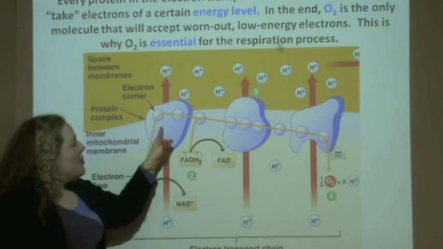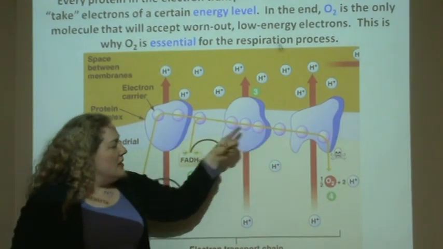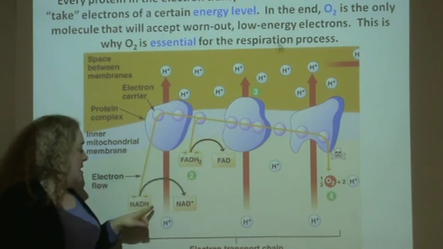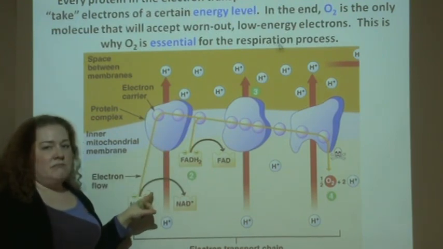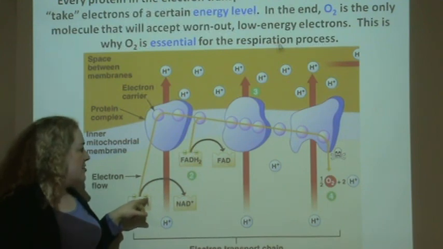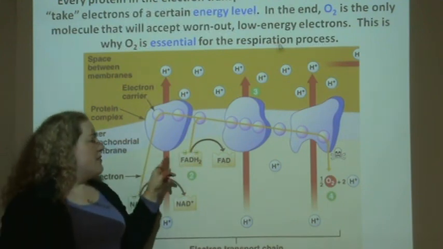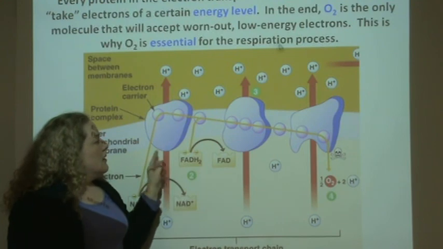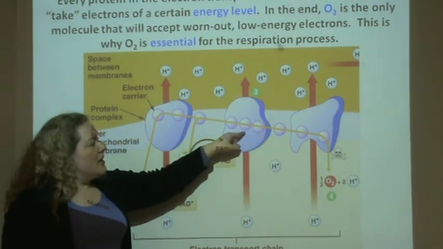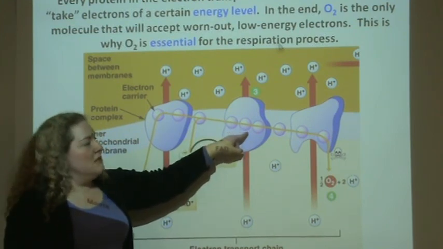So they're passing electrons one from the next, and the first protein in the chain prefers to get electrons that are very energetic, very high energy, to pick those up directly from NADH or from FADH2. The next protein in the chain prefers to pick up electrons that are slightly less energized.